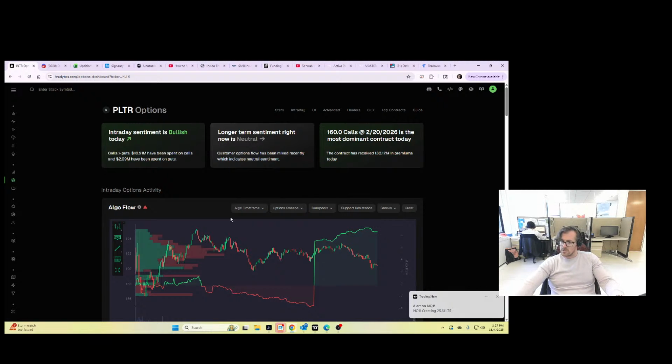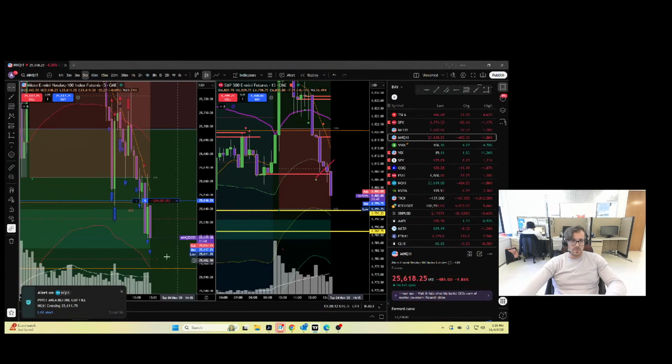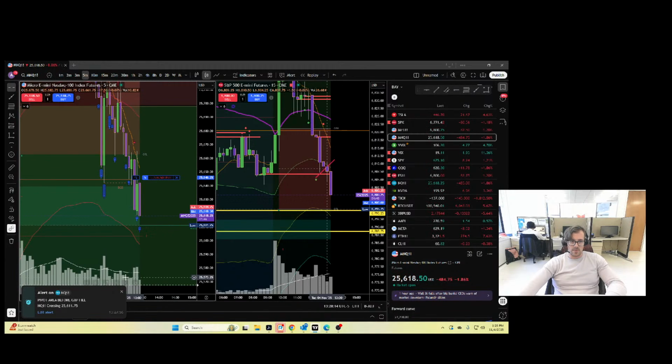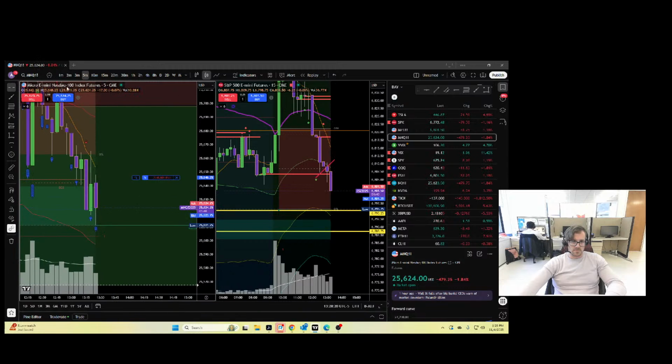Oh, alert. Is that a pivot area? I mean, it'll probably go down there. Pivot area before gap fill. Okay, so it'll bounce there.